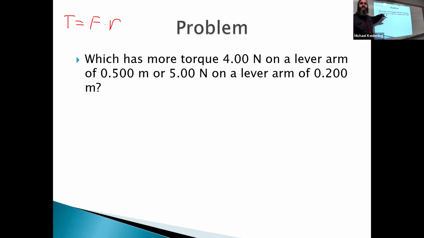The first one, you think? Yes. Because 4 times 0.5 gives you 2 Newton meters, and 5 times 0.2 gives you 1 Newton meter.